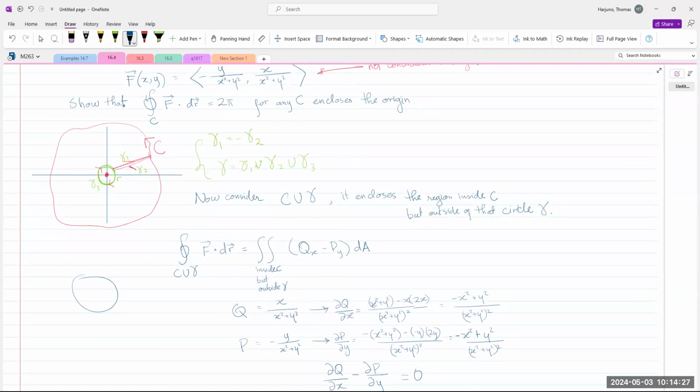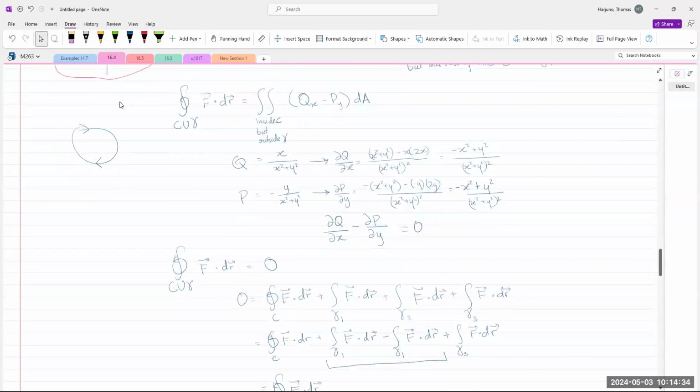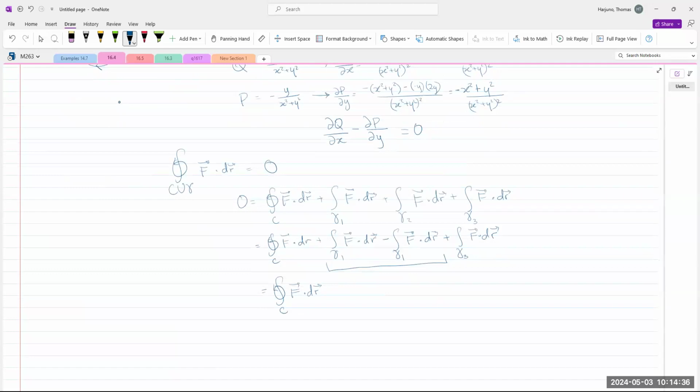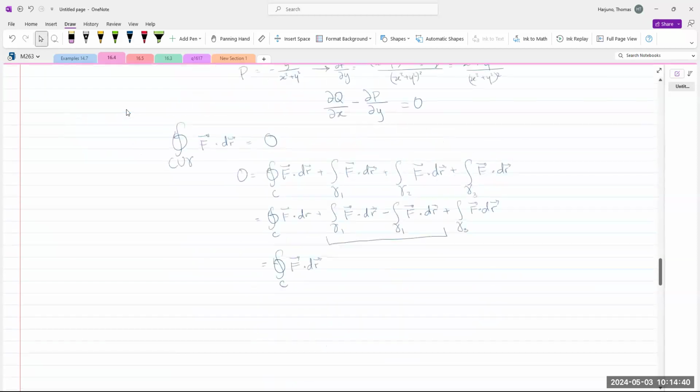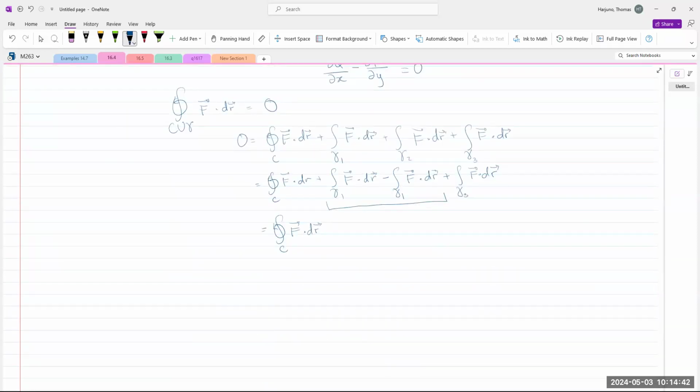Gamma 3's orientation looks like this, right? Okay, let's reverse the direction. This is gamma 3, right? Okay, now if I write that as a closed curve, that's minus integral over positive counterclockwise orientation for gamma 3 of f dot dr.